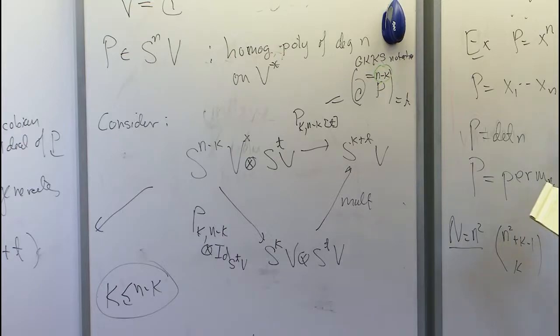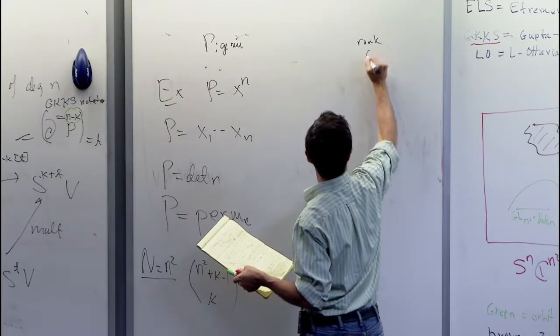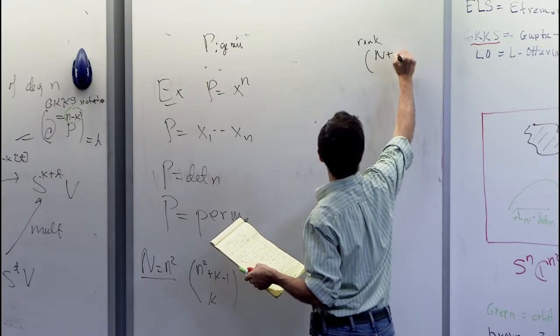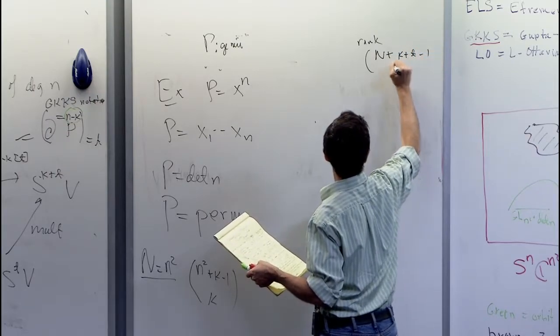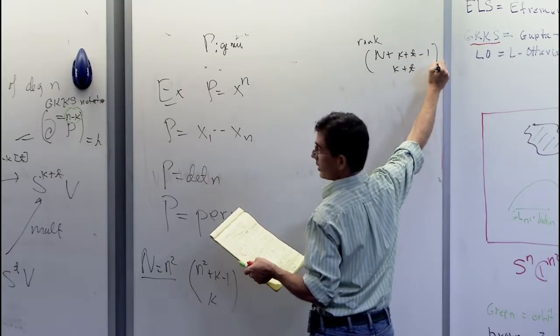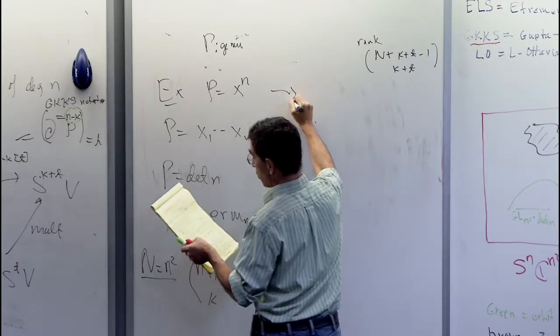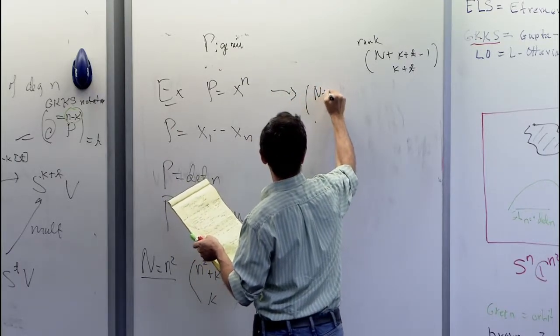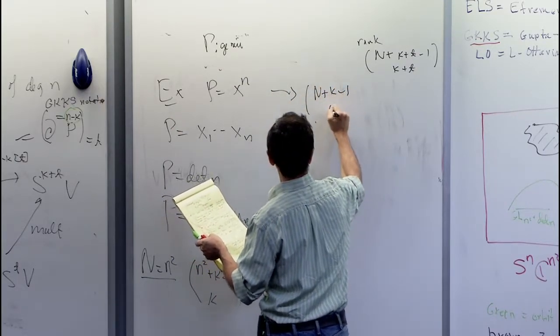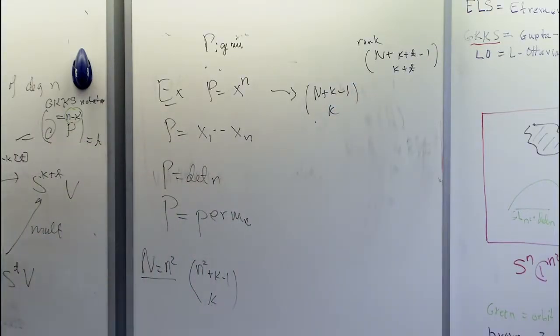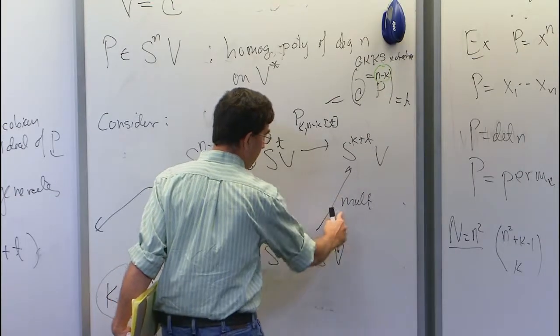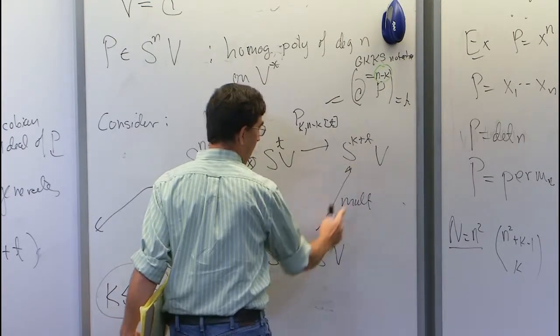So if it's generic, it's surjective, so the rank is n plus k plus t minus 1, choose k plus t. If for this one, it's n plus k minus 1, choose k, because if I take an nth power and if I start with a kth power, this multiplication map is an injection.